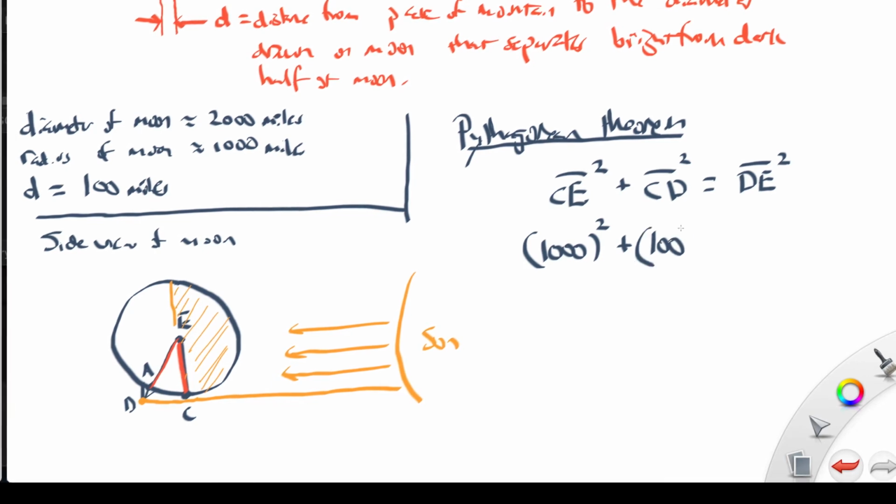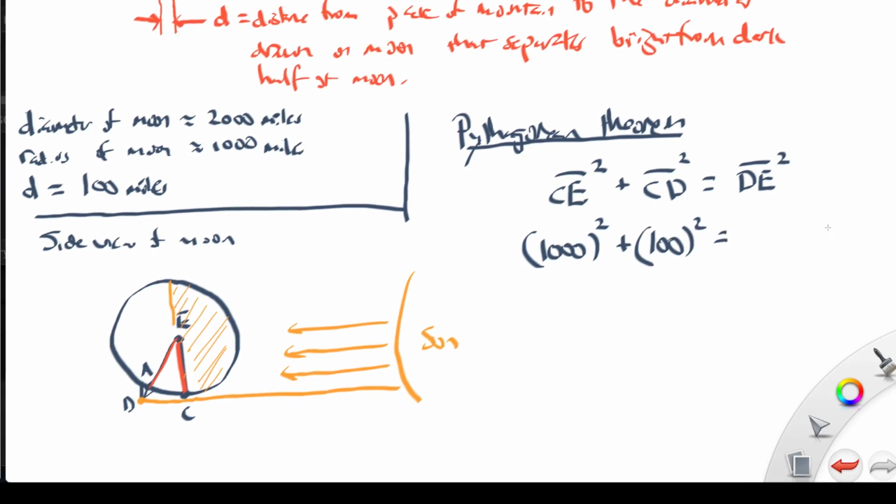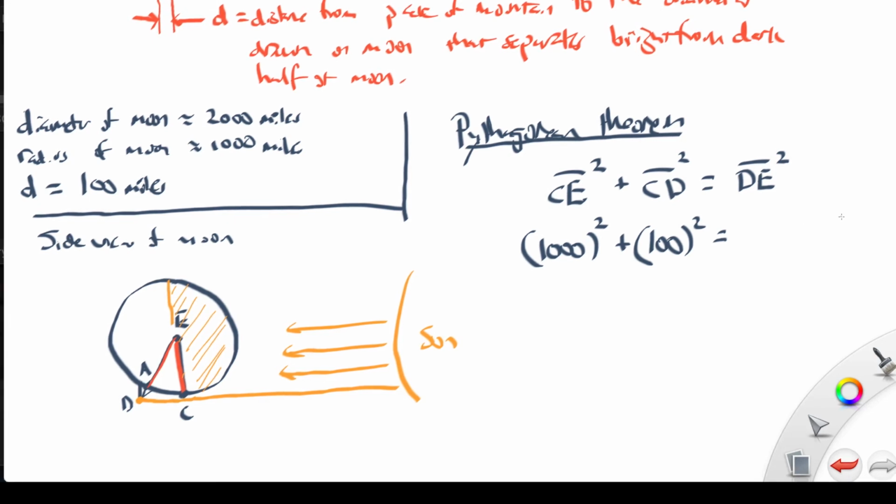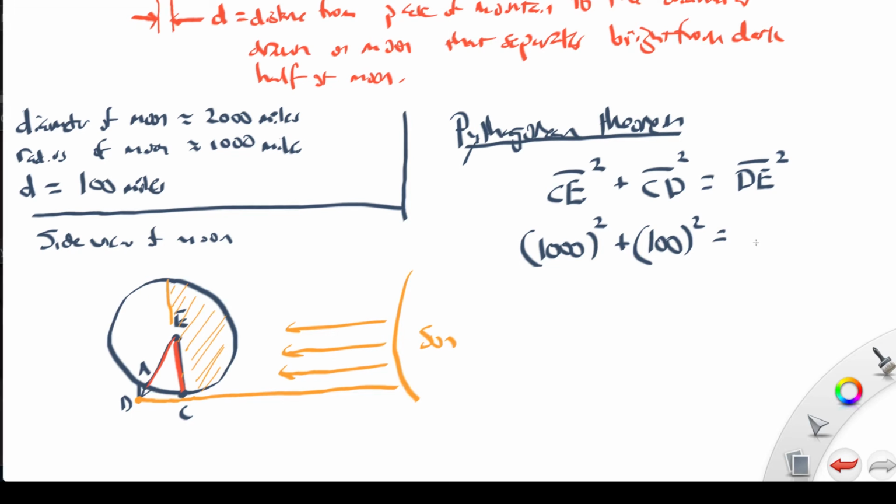So I'll put 100 right here, squared, and that has to equal this entire hypotenuse, which is the sum of the radius of the moon, AE, plus the height of the mountain, AD. So I'm going to write the radius, AE, plus the height of the mountain, AD, and that is squared.